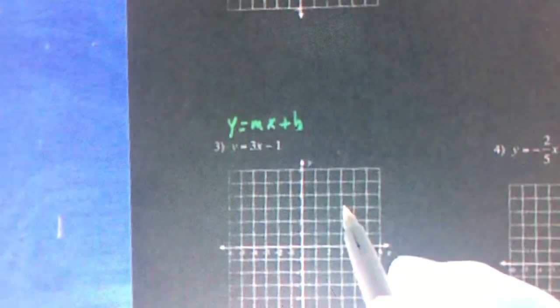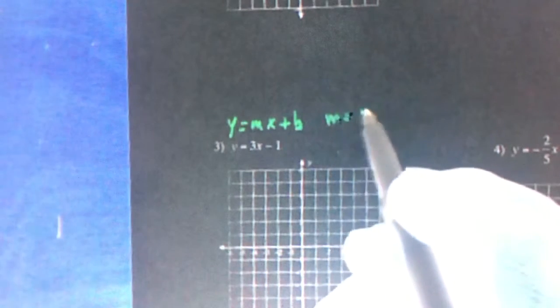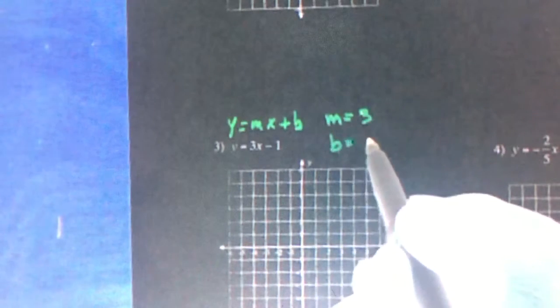Let's look now at y equals 3x minus 1. Let's zoom in a little bit so you can see the equation. Y equals 3x minus 1. And let's look at y equals mx plus b for this equation. The m is equal to 3, and the b, the y-intercept, is equal to negative 1.